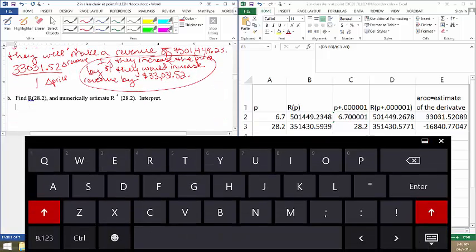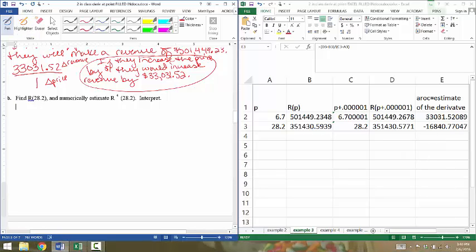So let me just jump right to it here. It says R of 28.2 is 351,430.59. R prime of 28.2 is negative 16,840.77.